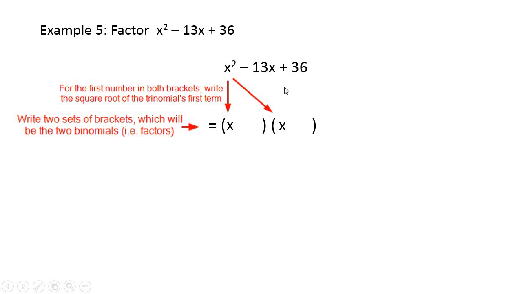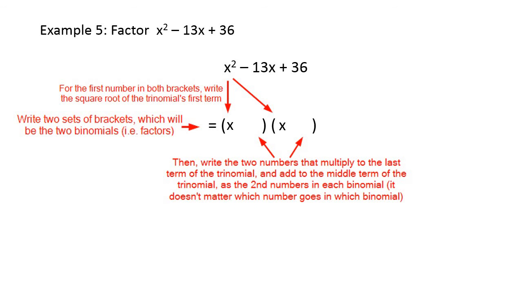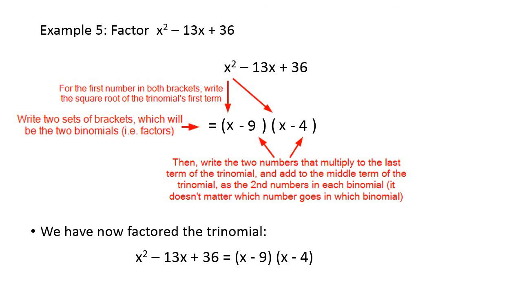It can't be a positive and a negative number because a positive number times a negative number will be a negative number, and we have a positive 36. So they both have to be negative numbers. So what two negative numbers multiply to 36 and add to negative 13? Well, those two numbers are negative 9 and negative 4. Minus 9 times minus 4 is positive 36, and minus 9 minus 4 is minus 13. So those are our two numbers, and we now have the factored form.